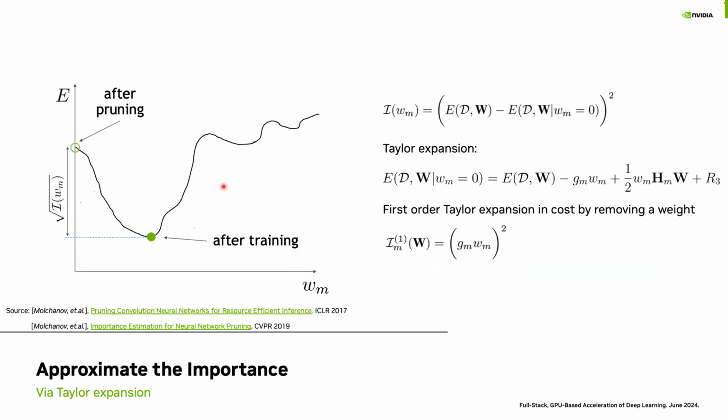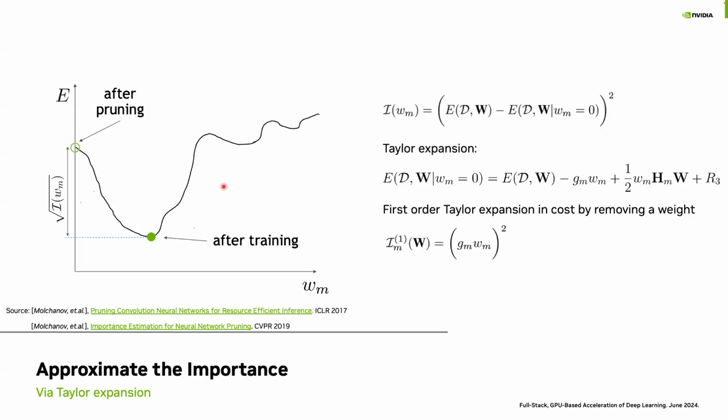This kind of setting the parameter to be 0 is mimicking the process that the parameter is going to be removed. So you can see that this is similar to adding a perturbance to the model weights. And the loss change, or the importance here, can be approximated by the Taylor expansion in the vicinity of the weights.